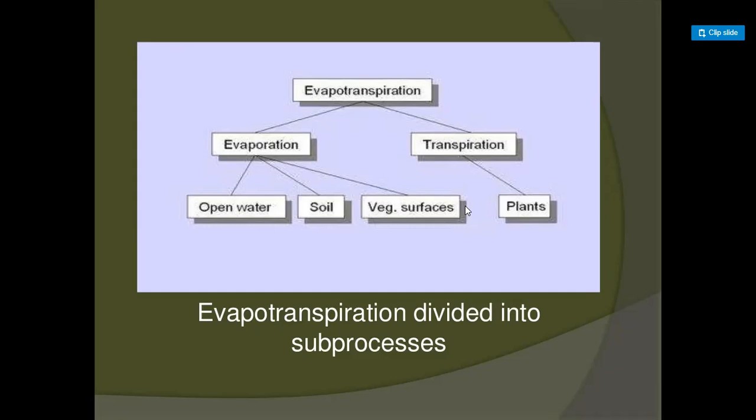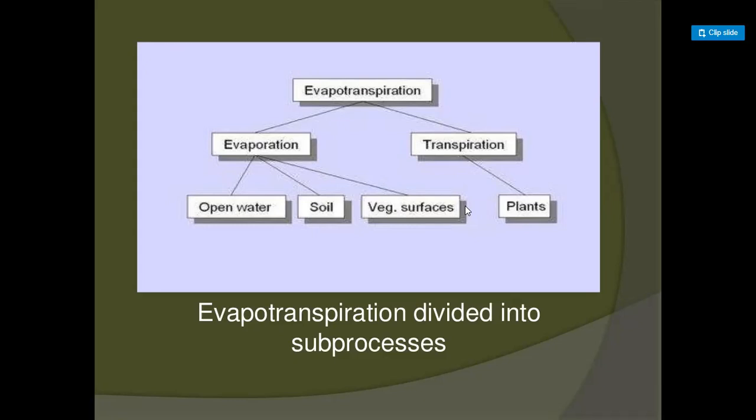In an area covered with vegetation, it is difficult and also unnecessary from a practical viewpoint to separately evaluate evaporation and transpiration. It is more convenient to estimate the evapotranspiration directly, only over those areas of Earth's surface where no vegetation is present.